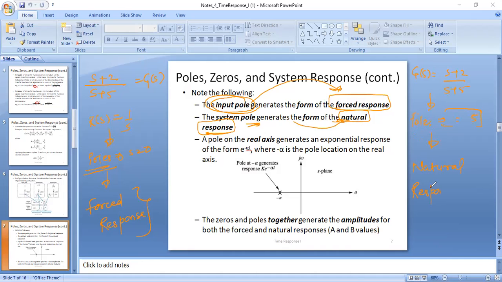It could be anything. I am telling you that this is your input pole. Input generates forced response and system poles will generate natural response.